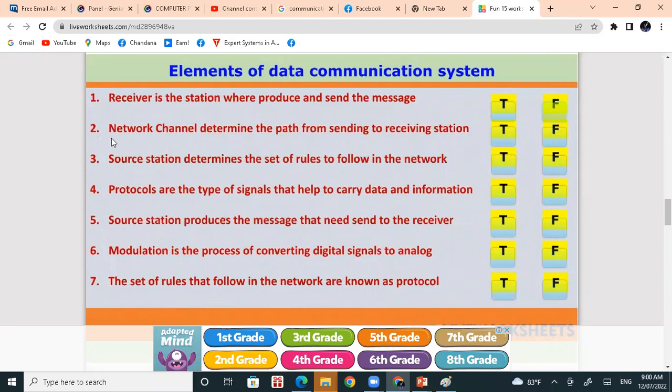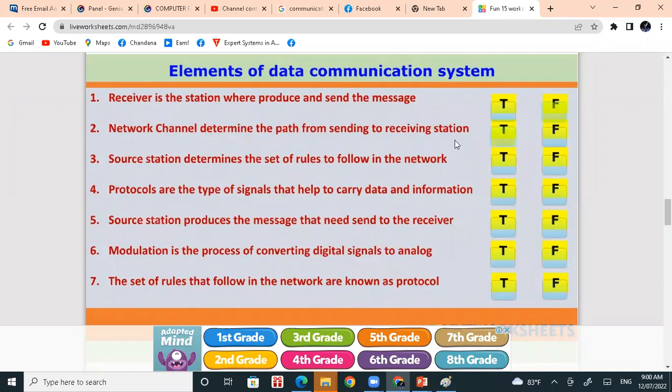Right. Second one, network channel determines the path from sending to receiver station. True or false? Remember the task or duty of the network channel that I mentioned earlier. True. The statement is true.